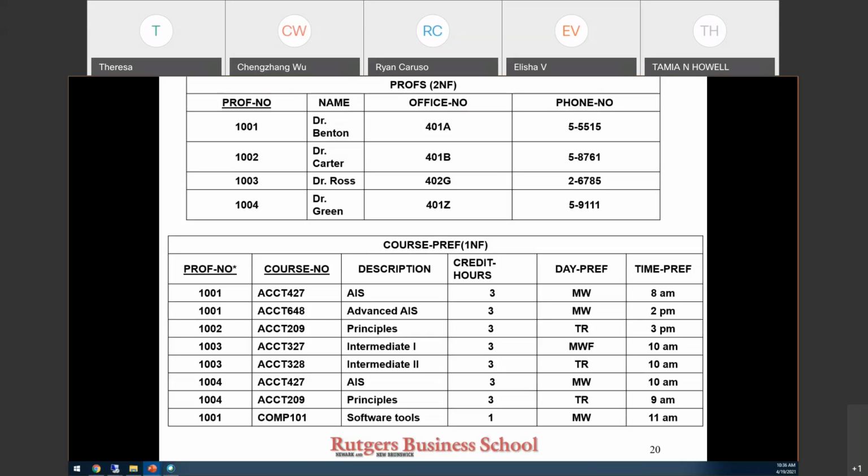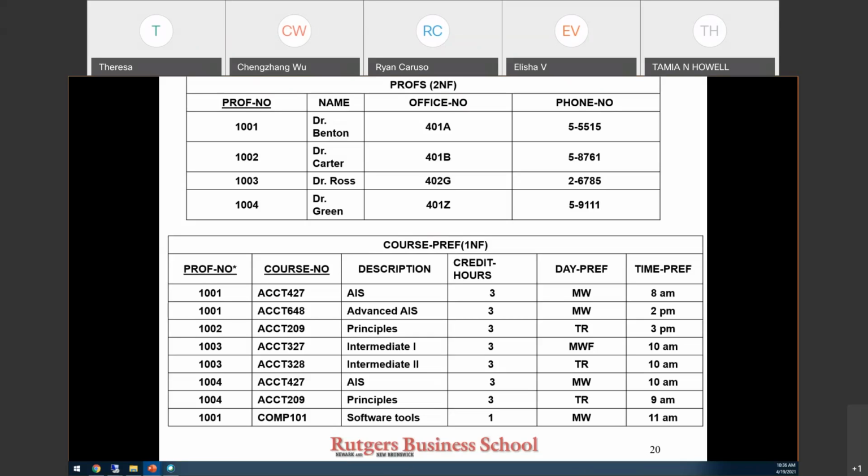In the professor table, the first table, it contains information about the professor number, professor name, office number, and phone number attributes.